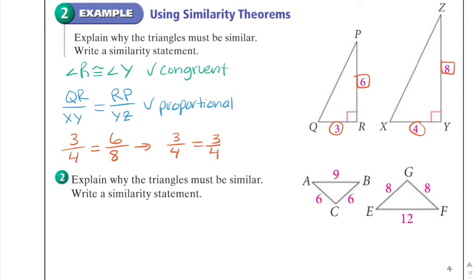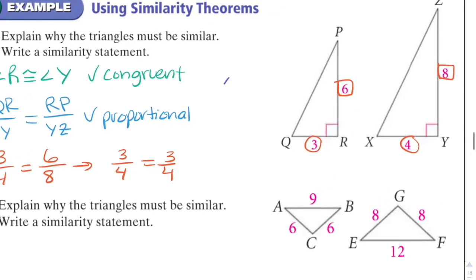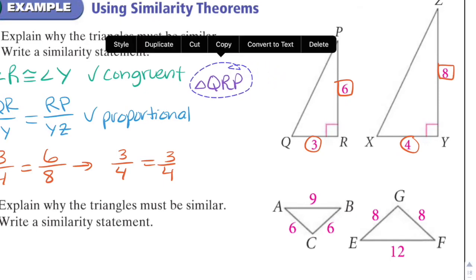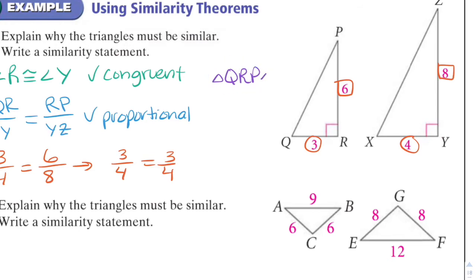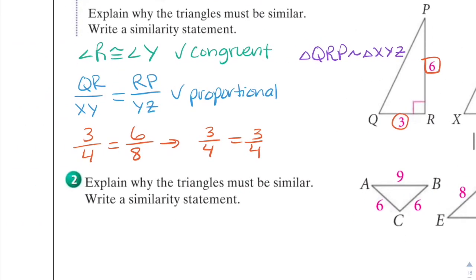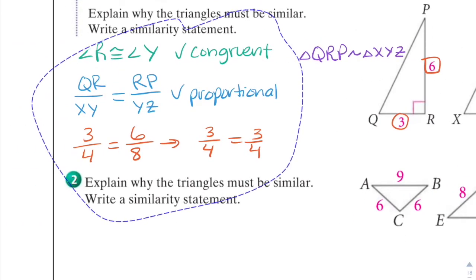So I'm going to make the statement that triangle QRP is similar to triangle XYZ. And I'm going to move some of this around.